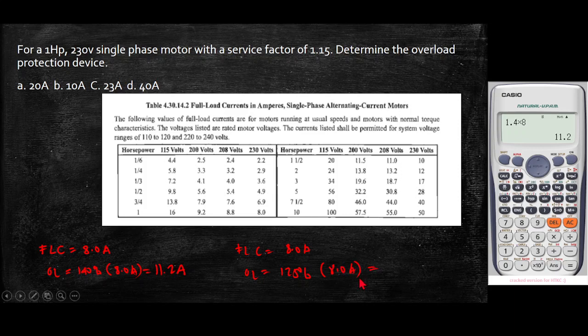Okay, so we have 1.25, that is 125% times 8, so 10. Yan. Okay, so 10 amperes. So the correct answer dito sa ating choices is letter B, which is 10 amperes.